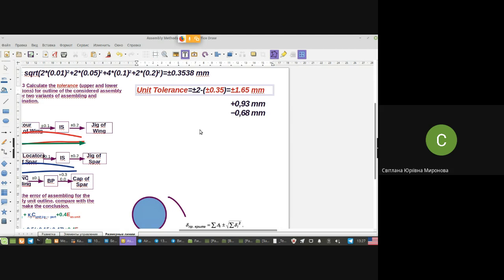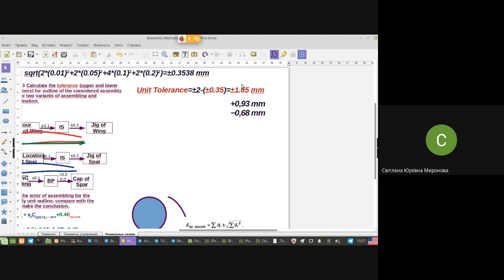Not only unit, but aggregate also. We have changed it from lofts to techniques that use digital mockups, CNC machines, and so on. And also we have changed the means of coordination. It means that how we're going to mount the jig, we change it. It may result both in increasing and in reducing of coordination error. In this case, we're lucky to see that, at least with the values that we have written in chains, unit tolerance in our case is greater than possible assembly errors.